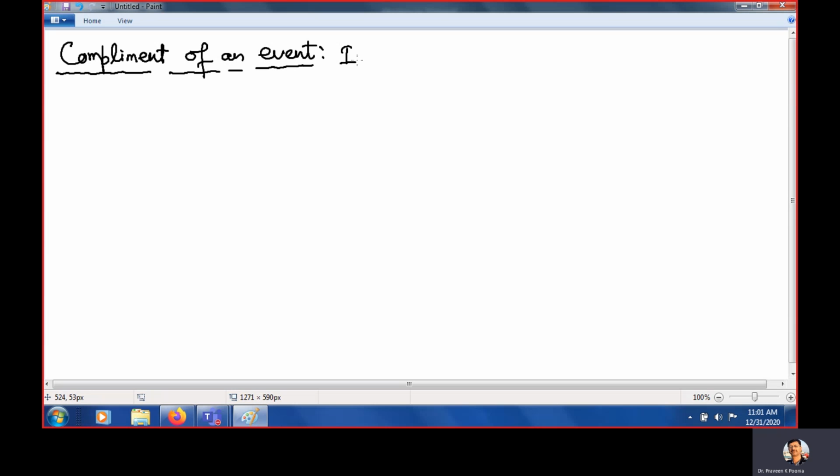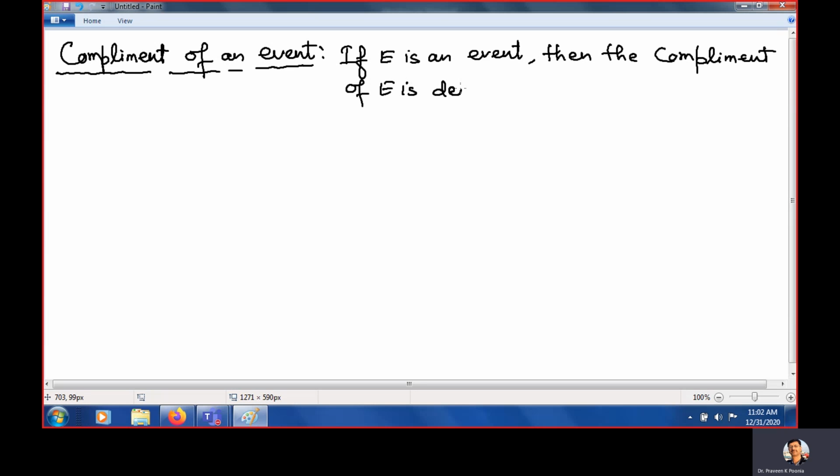Clear? If E is an event, then the complement of E is denoted by E bar. Just remember, we put a bar on it. Clear?